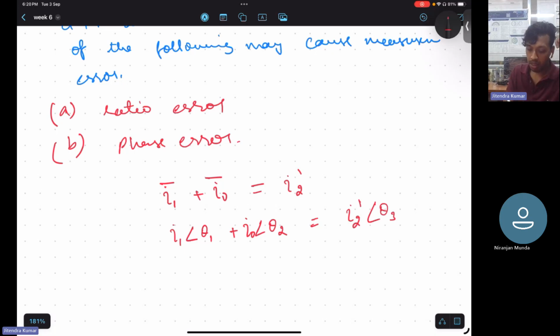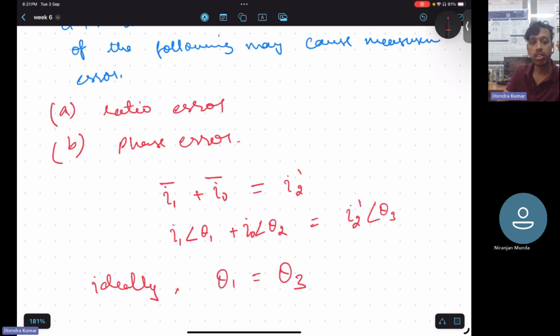Now, ideally, what should happen? Ideally, theta 1 should be equal to theta 3, isn't it? But because of this no load current, those angles are not going to be the same.